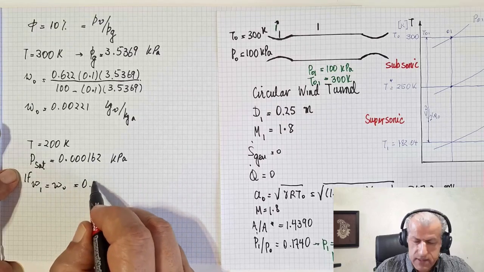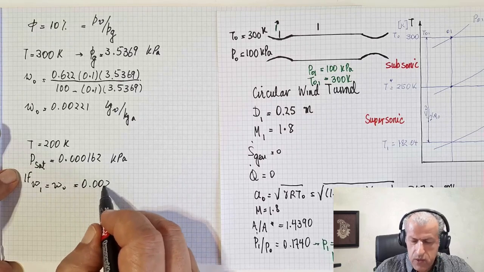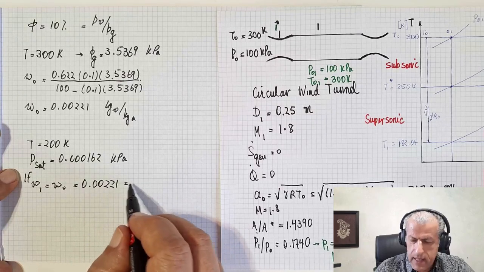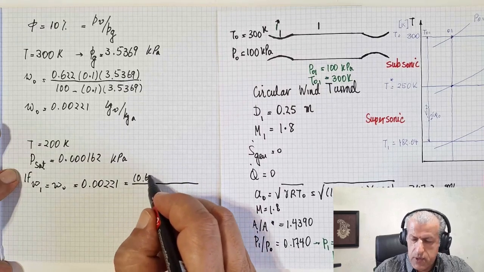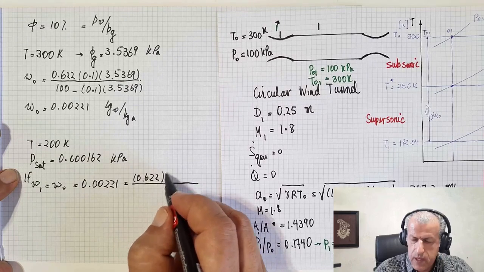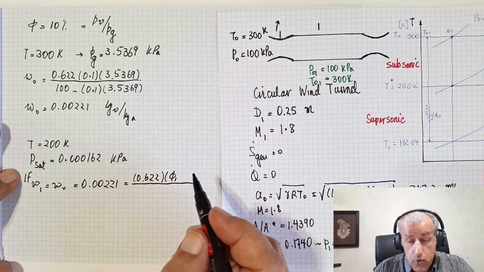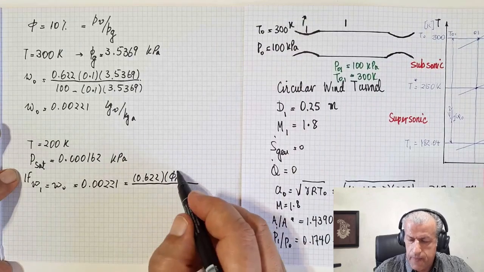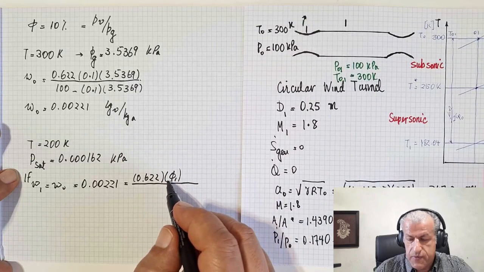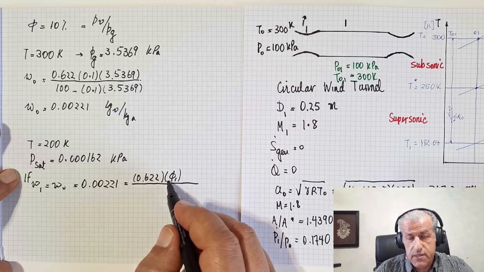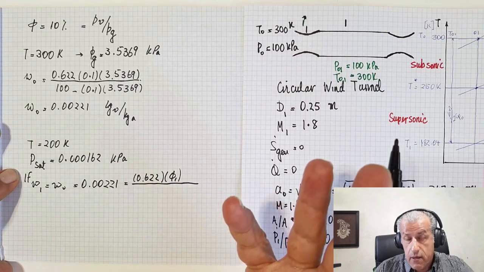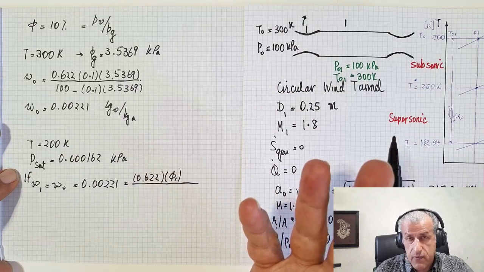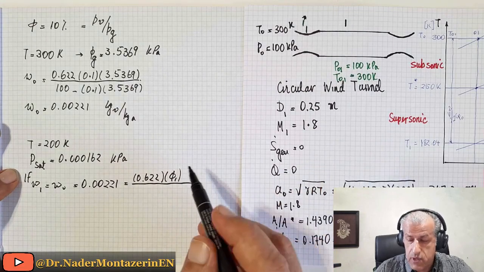That equals 0.00221, and that would be 0.622 times φ at point 1, which we don't know. If the number that we calculate is more than 100%, that means more than 1, it means that we would have condensing water vapor, and water vapor would condense.